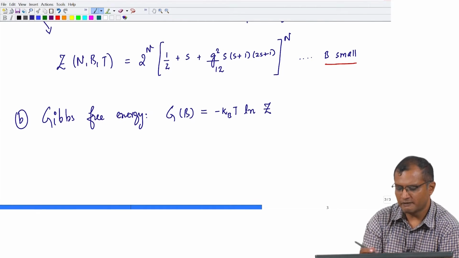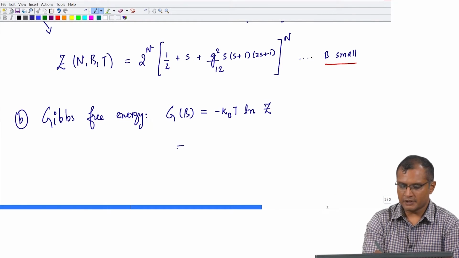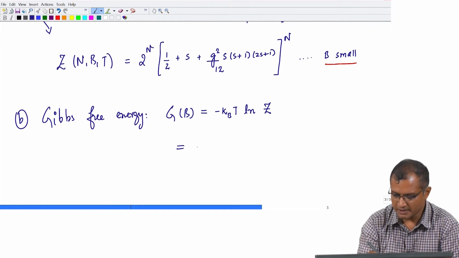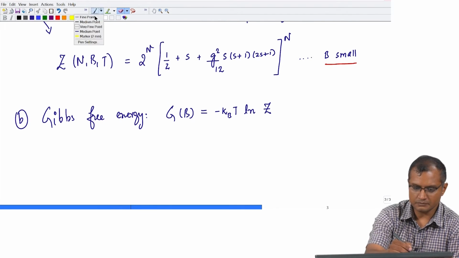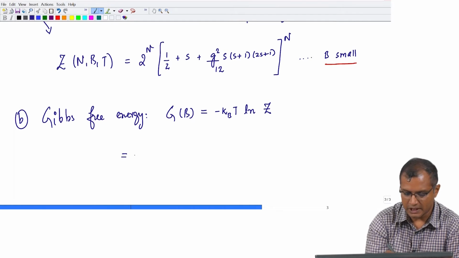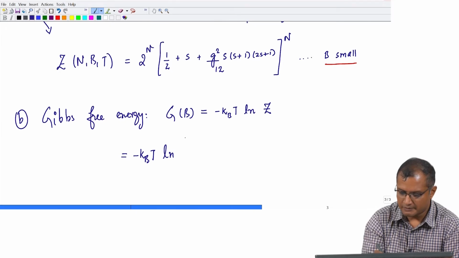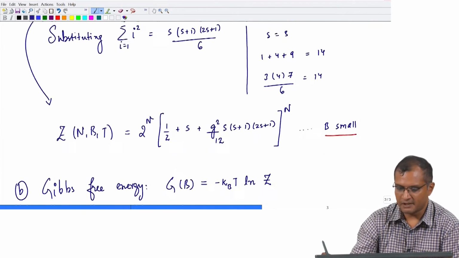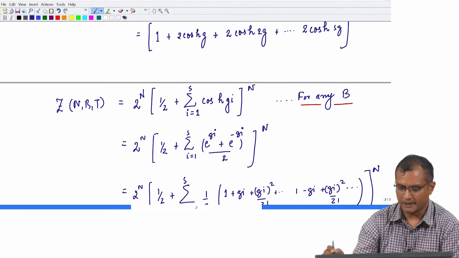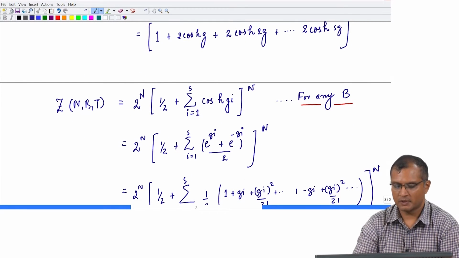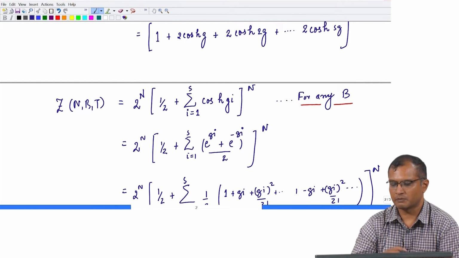Now, we will do it again for an arbitrary field and small field. So, for the Gibbs free energy, I can simply use this value of our general partition function, and this is the value of the partition function here. 2 raised to n into 1 by 2 plus summation cosine hyperbolic g i.